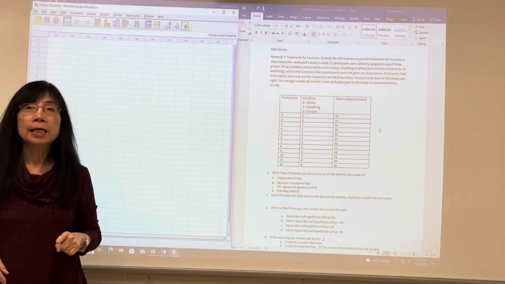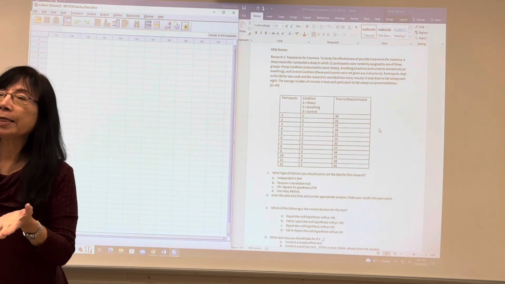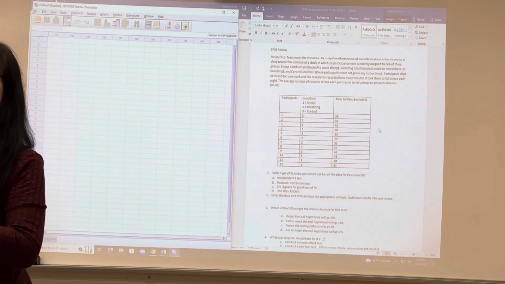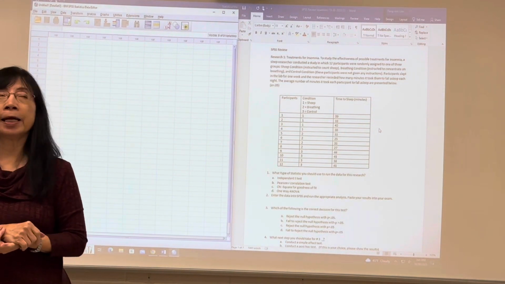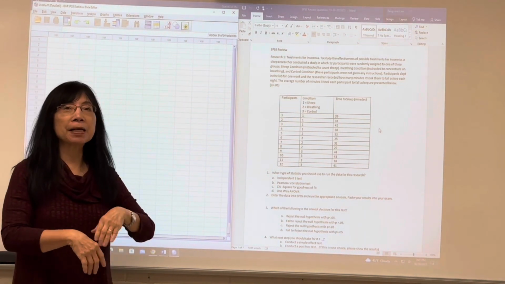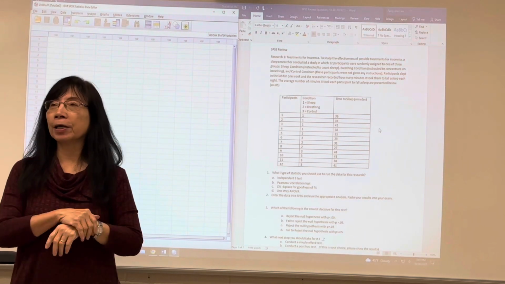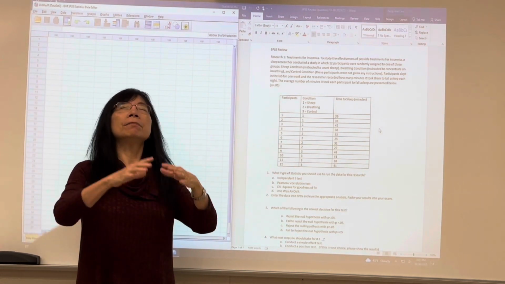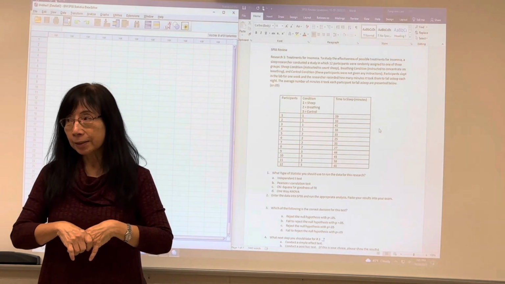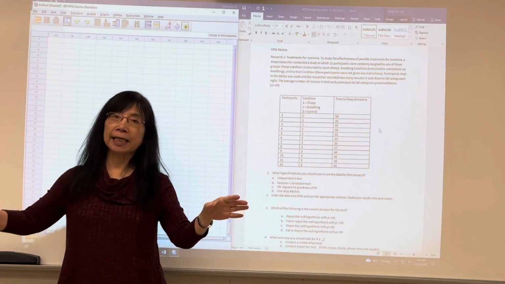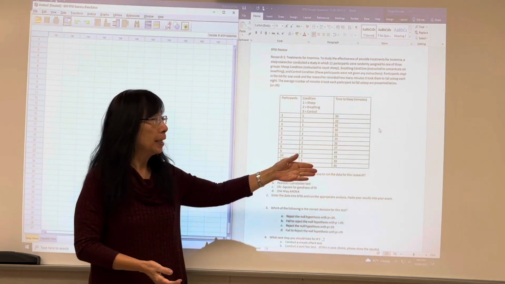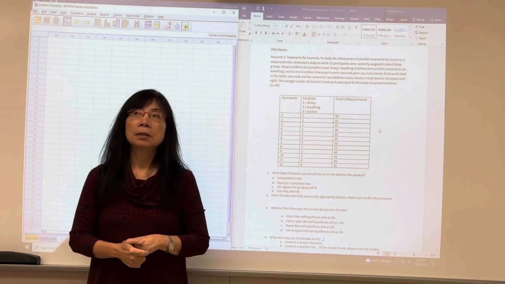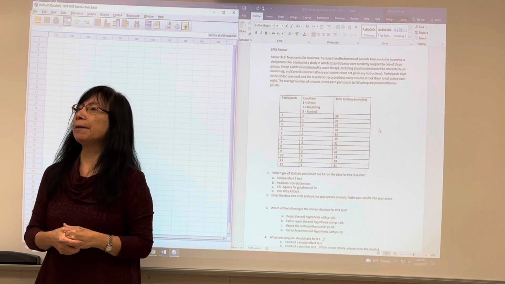I have three different ways to help people fall asleep. The first way is having them count sheep. The second way is having them focus on their breathing. The third way is doing nothing, the control. That is this column. And I want to know how much time it takes them to sleep.